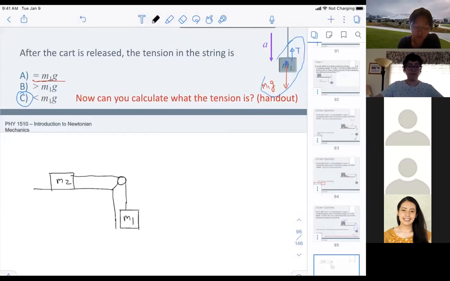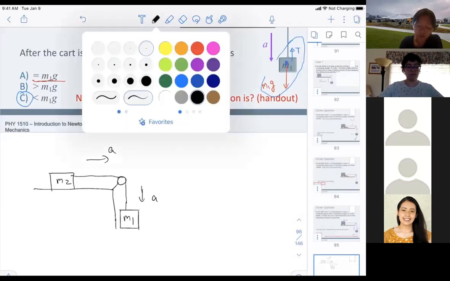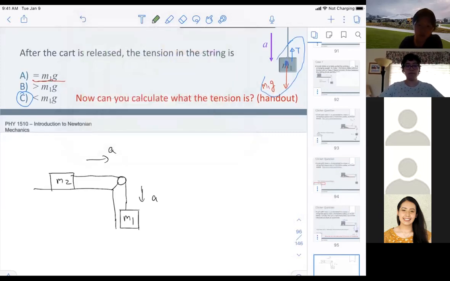So in a scenario like this, we established that they both have the same acceleration, right? Because they're moving together, they have the same velocity, they have the same acceleration. So if I view M1 and M2 along with the string as an entire object, they are all connected together, right? So I'm going to view them as one piece.